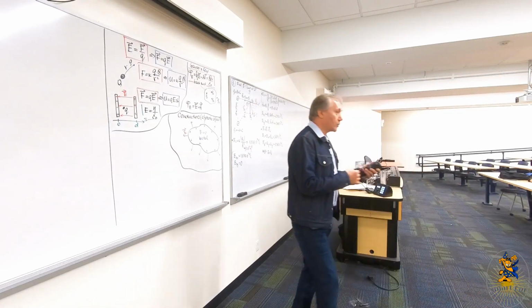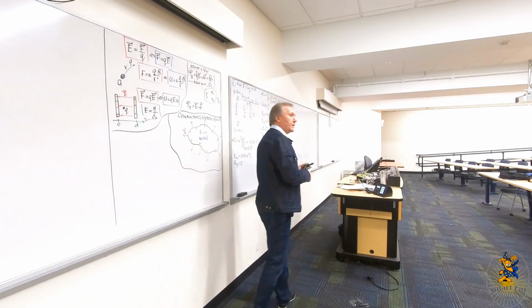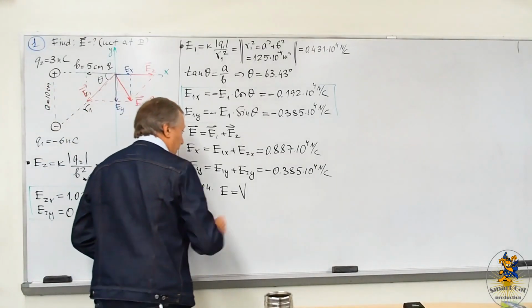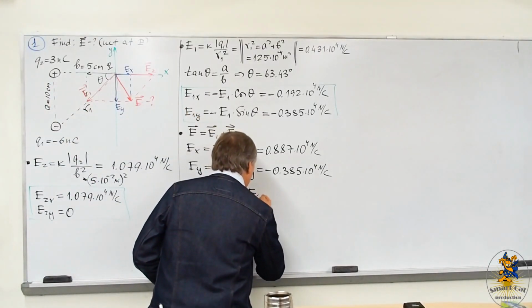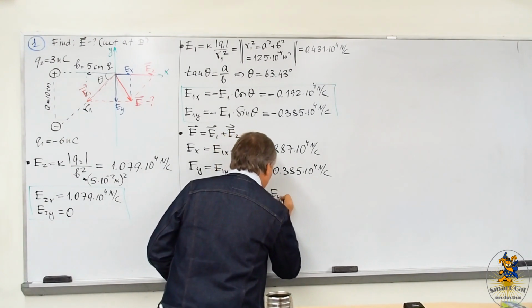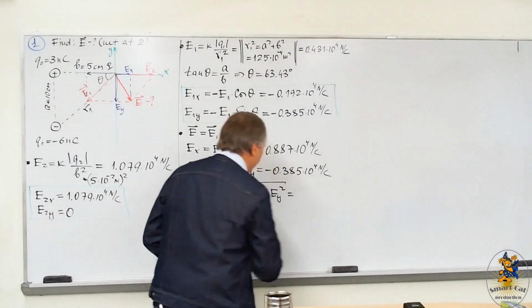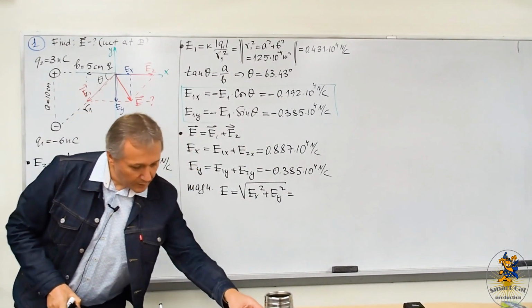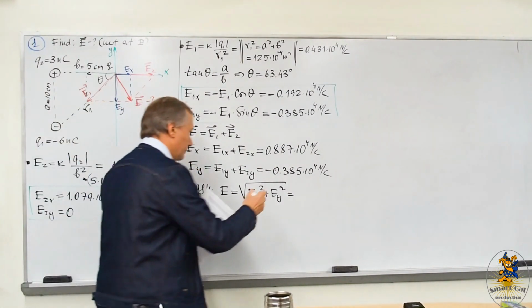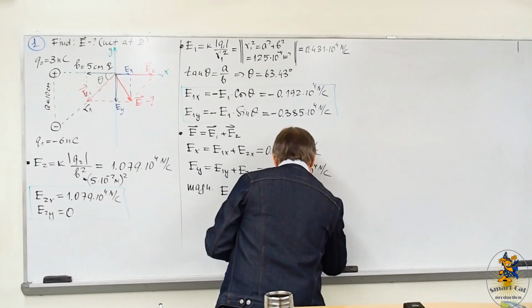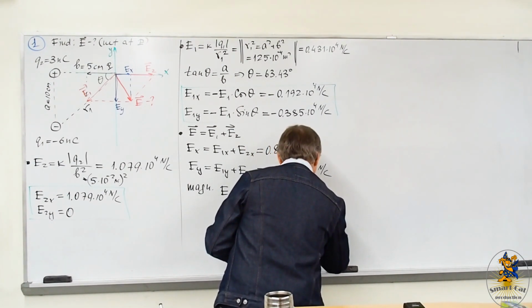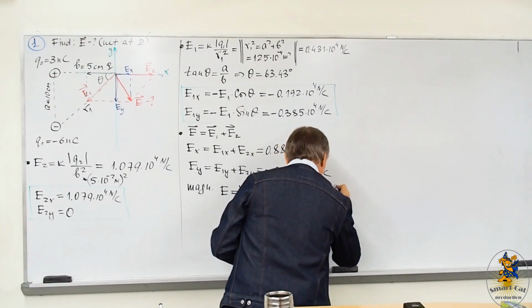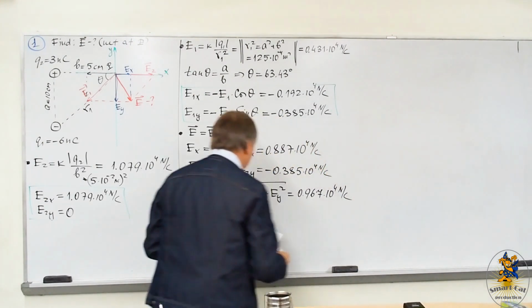That's what we need to use in order to find the magnitude of this net electric field: Ex squared plus Ey squared. And of course, I will look at my notes. The answer will be 0.967 times 10 to the power of 4 newtons per coulomb.